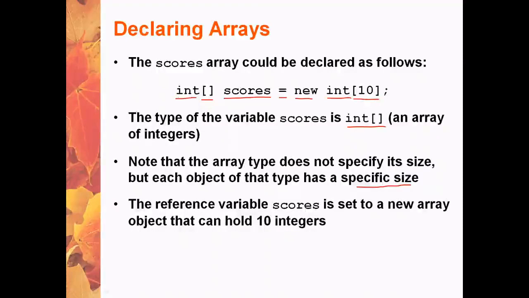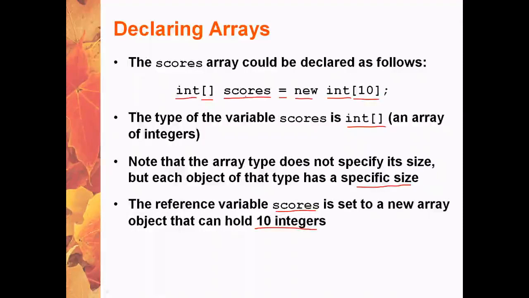As the array is of type integer, you can store 10 integer values in the scores array, and every element has the size of an integer variable. The reference variable scores is set to a new array object that can hold 10 integers.